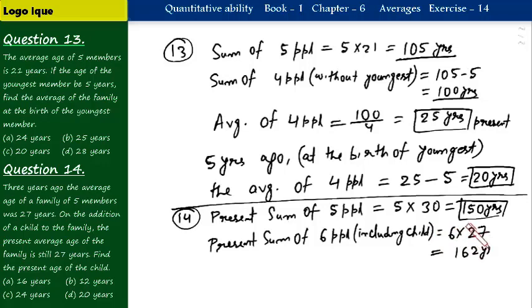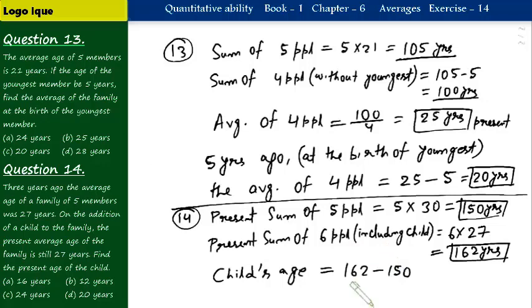So it is 6 into 27, which is 162 years. Very clearly, the child's age would be the difference of these two. Child's age is simply 162 minus 150. In the first case, there was no child. In the second case, the child is added. So the child's age would be 12 years. These questions are very simple. You can do them.